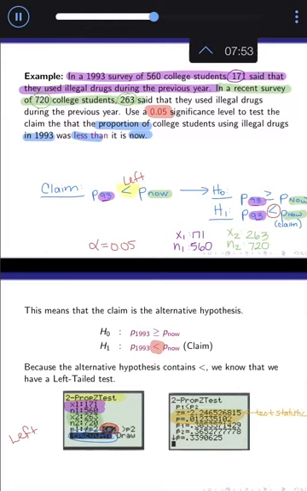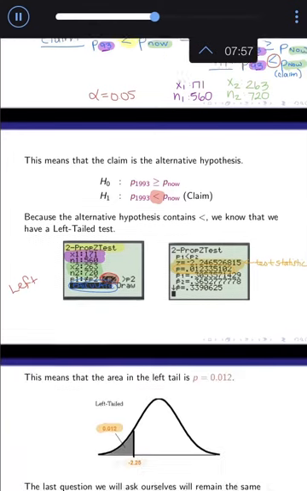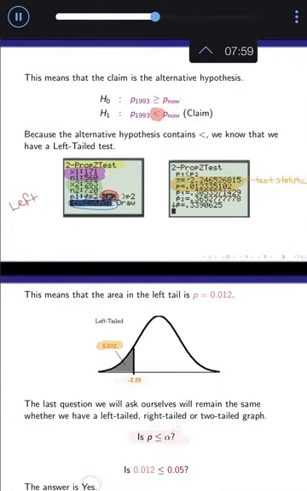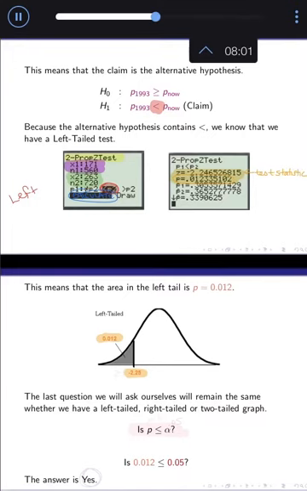Remember, our question is always the same. So this is our picture. We got a p-value of 0.012. This was our test statistic, our negative 2.25, which was a z-value. But the question is always the same for p's and alphas. Is p less than or equal to alpha?